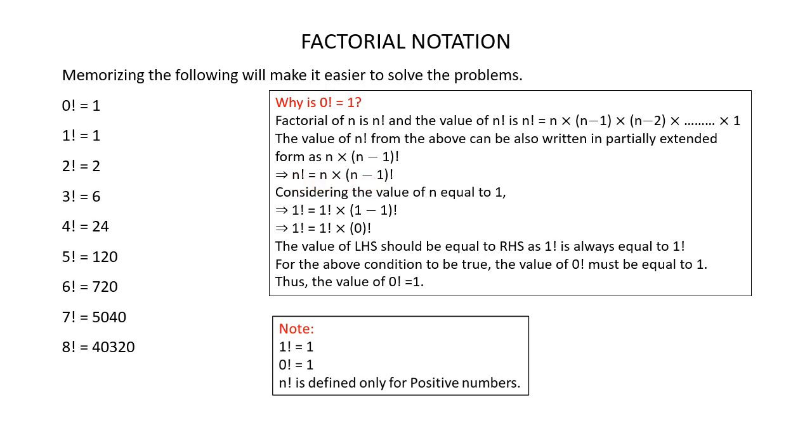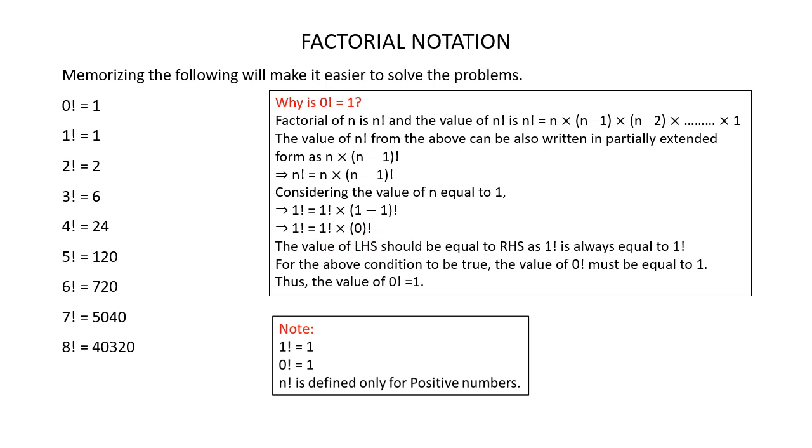Now just consider the value of n as 1. Substituting the value of n as 1 in this equation, you get 1 factorial is equal to 1 factorial multiplied by 1 minus 1 factorial. Now 1 minus 1 is 0. So 1 factorial is equal to 1 factorial multiplied by 0 factorial.